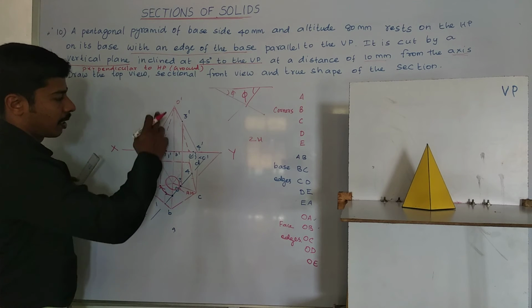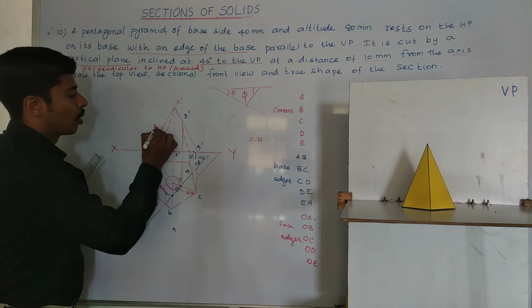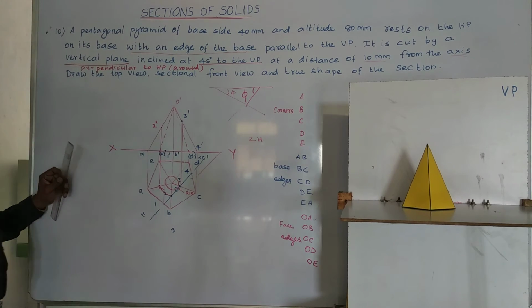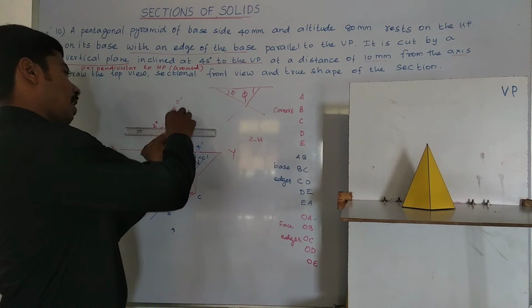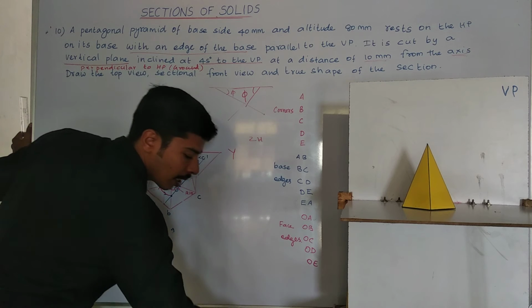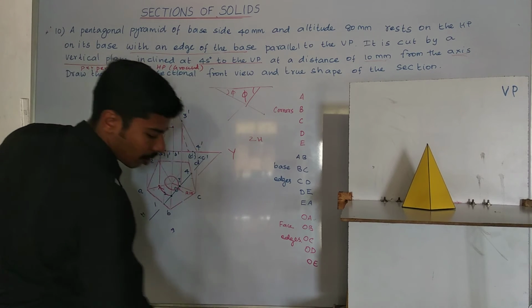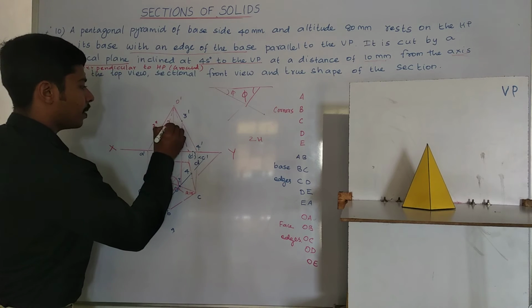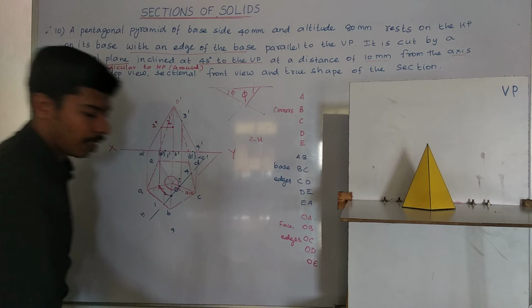Now I projected this OA up to this point. So this is our 2 double dash. Then bring this by horizontal line to here. This is our 2 dash. So we got all the points now.